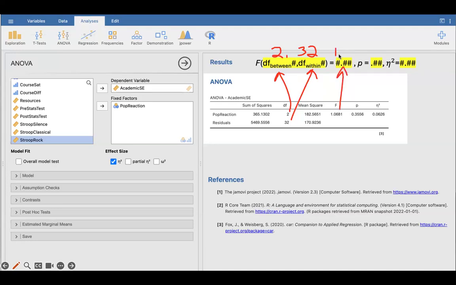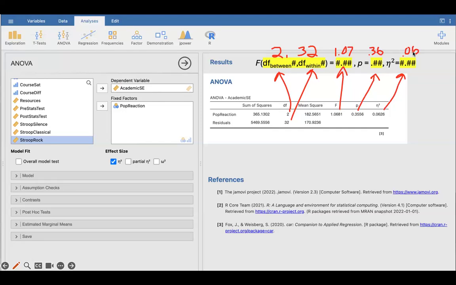That would be 1.07, just going to round up. And our p-value is going to go there, 0.36. And our eta squared effect size is 0.06.